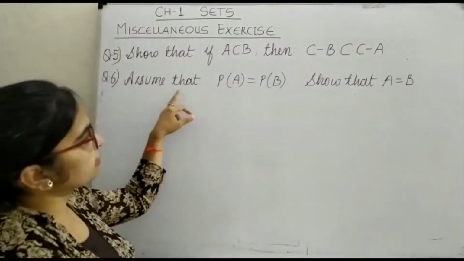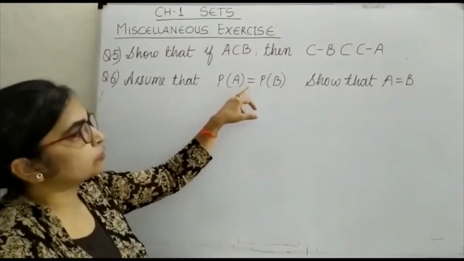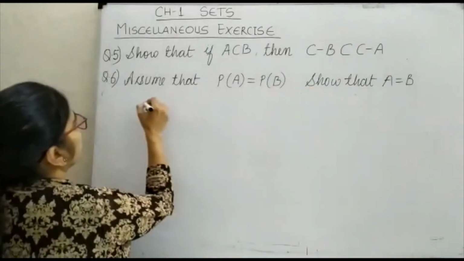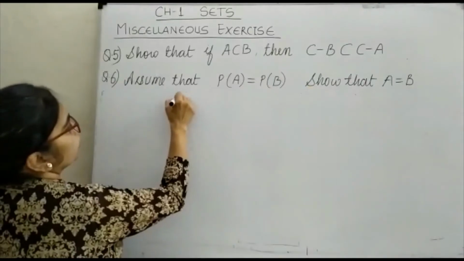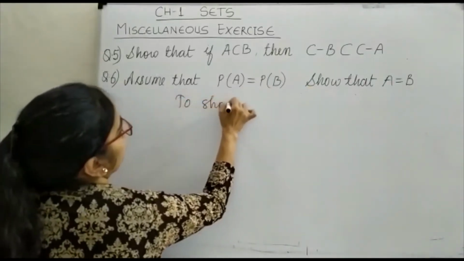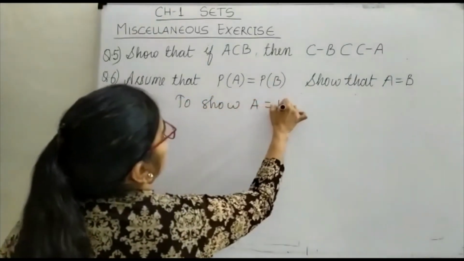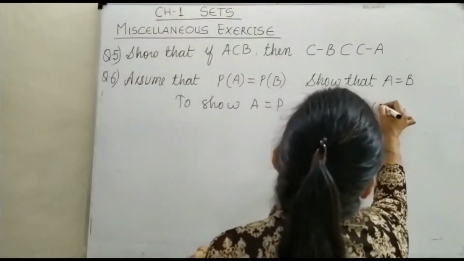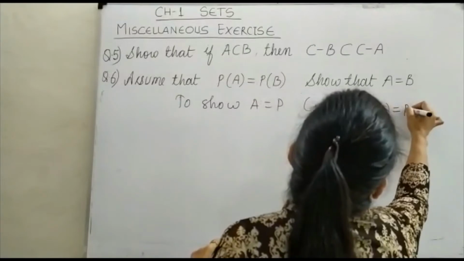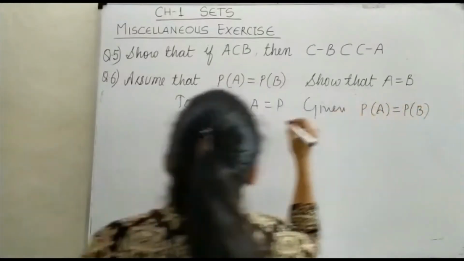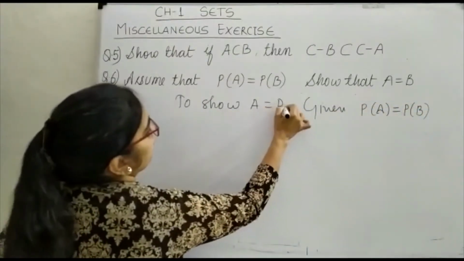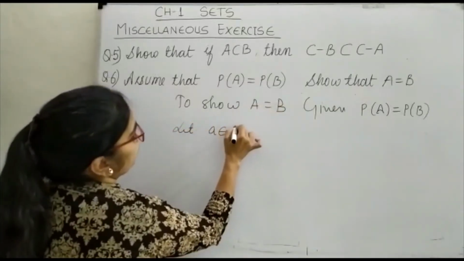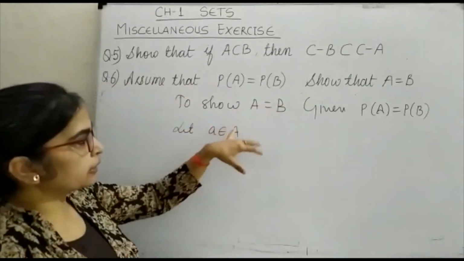In question number 6, it is given that the power set of A is equal to the power set of B. We are here to show that A is equal to B. Okay, to show A is equal to B, given power set of A is equal to power set of B. Let small a belong to capital A be an arbitrary element.